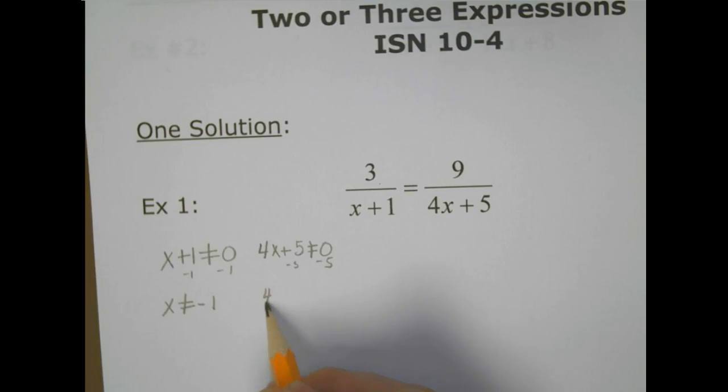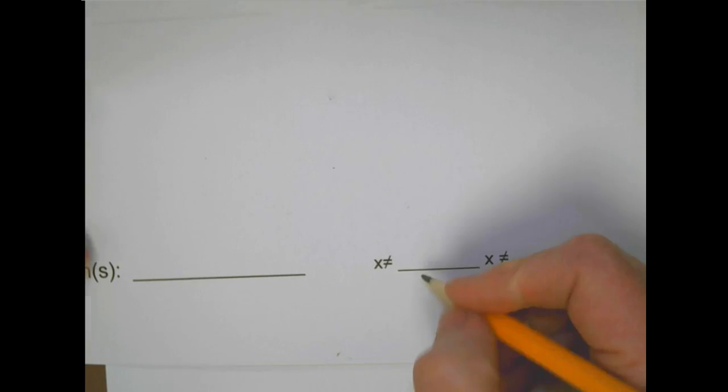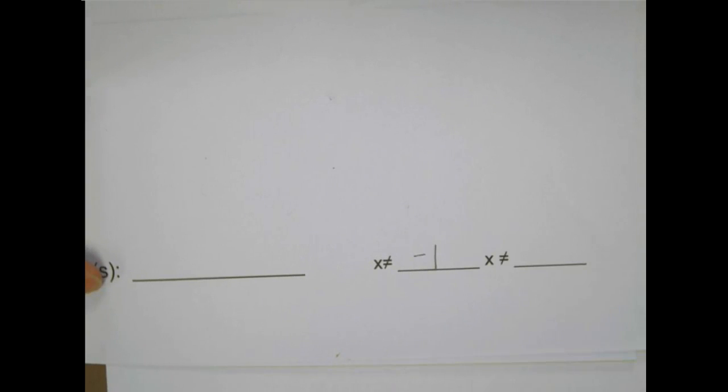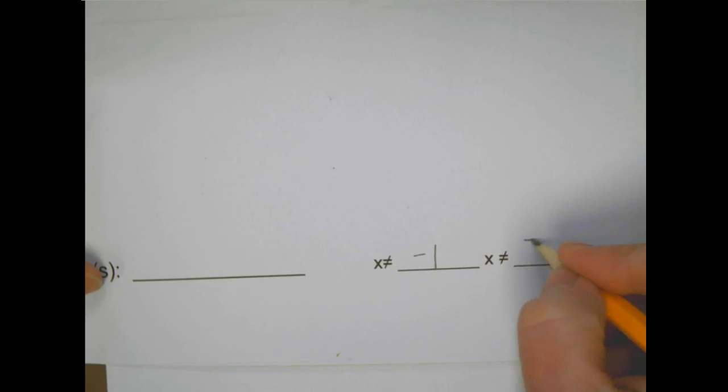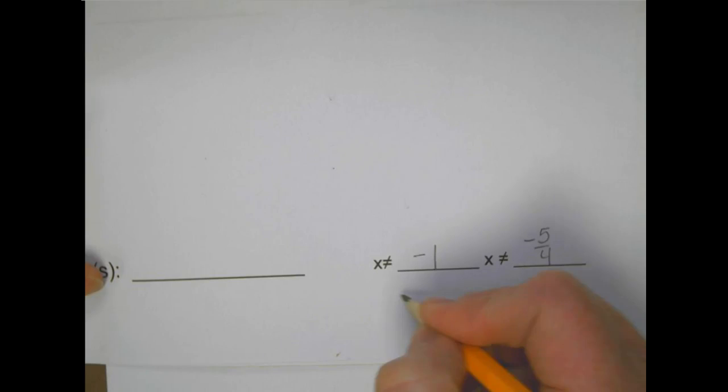Subtract 5 from both sides. Divide by 4. x cannot be equal to negative 5 over 4. So, down here at the bottom of your paper, x cannot be equal to negative 1, and x cannot be equal to negative 5 over 4.